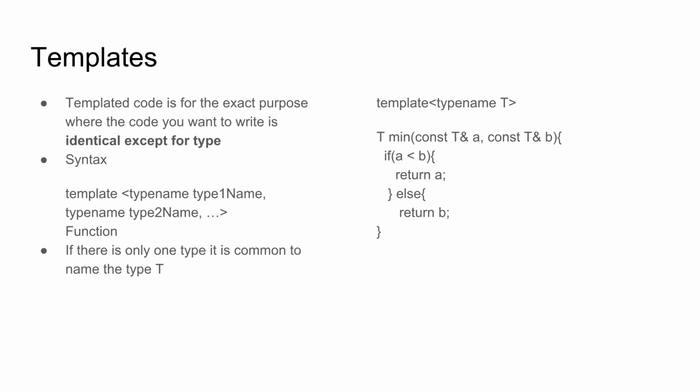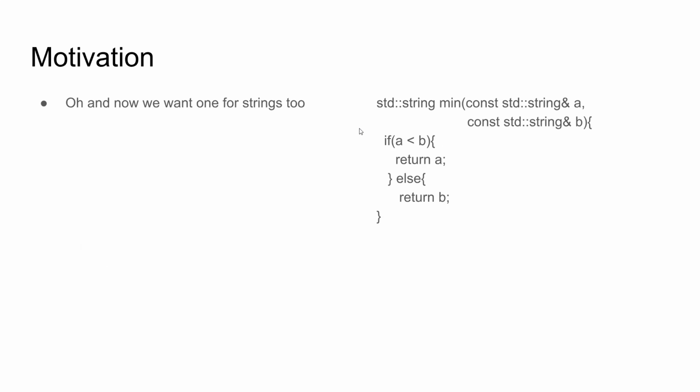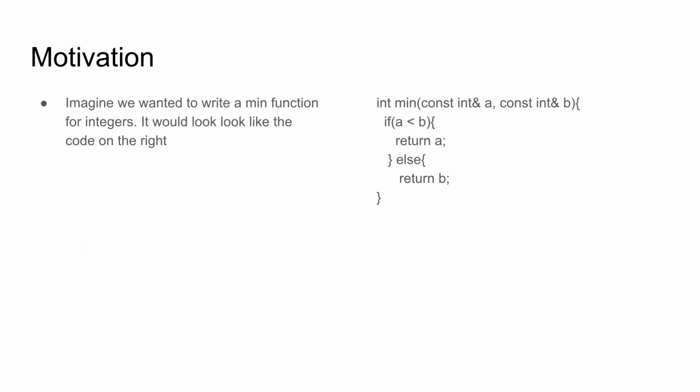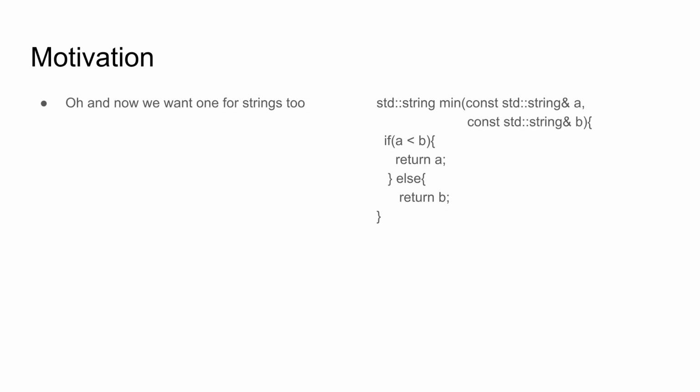What it does is it uses this as a template to create different types of min functions depending on the type of T. So if T happens to be an integer, we'll go create a min function where we substitute in int for T, and we'll end up with this. But if T's type happens to be double, we'll create another function that looks like this, where we replace all T's with double. Or if T happened to be string, we'll replace all of our T's with string.